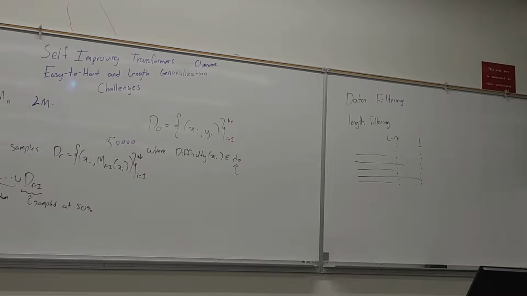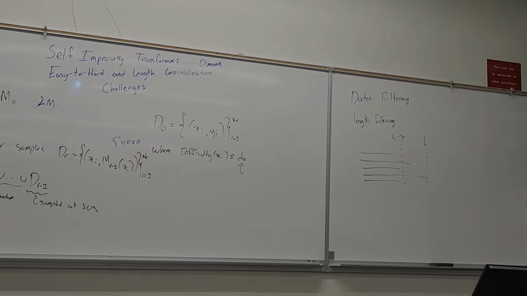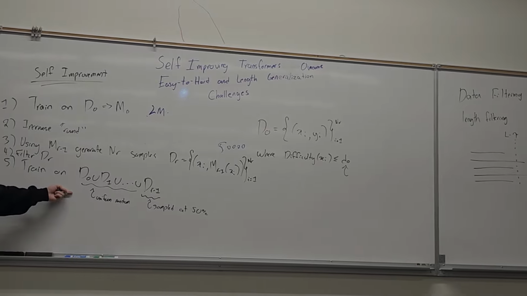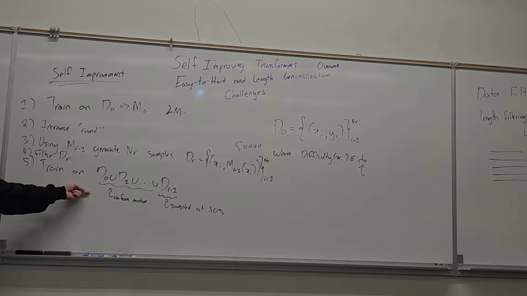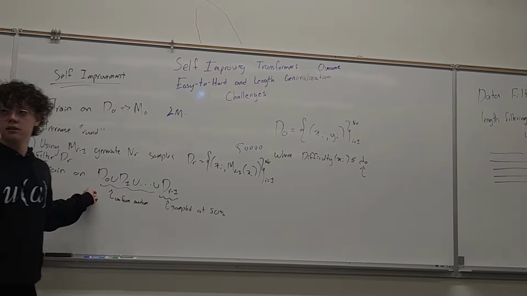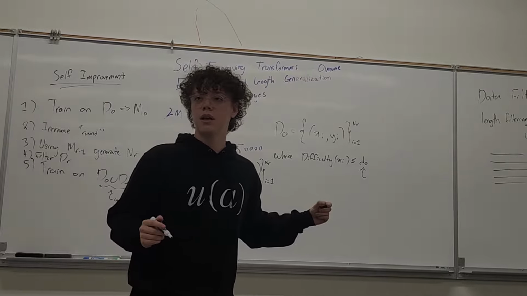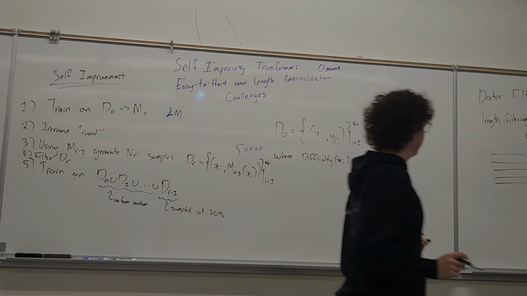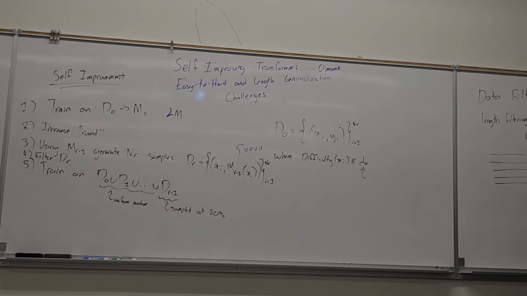Step 4 is filter. Filter D_R, and then now we train. Okay, so they become much smaller. Yeah. Does tau depend on R? No, their distance, from what I recall, was quite arbitrary. Wait, how could it not depend on R? Well, they didn't state that it depends on R. I think it should, but they didn't state that.